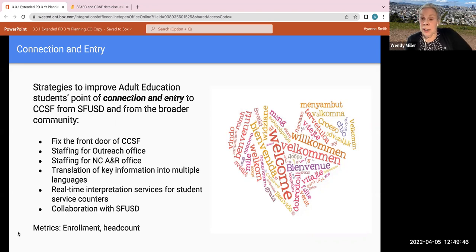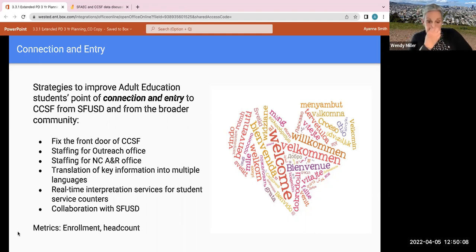We are providing additional staffing for the outreach office and for the non-credit admissions and records office. We have invested in a big contract with Language Line Solutions. And so every key document is translated into the San Francisco 7 languages.